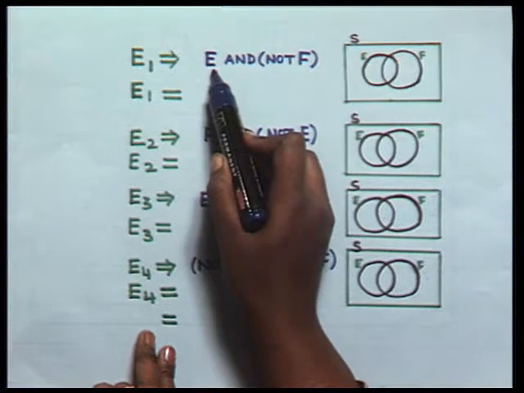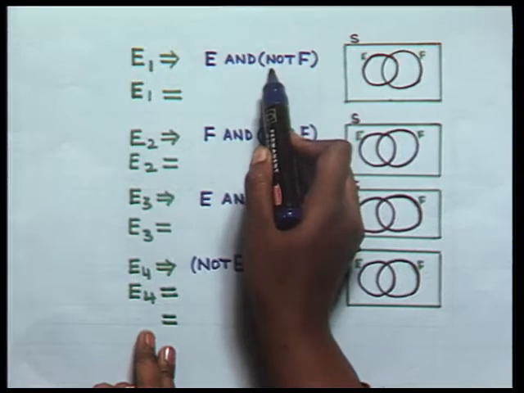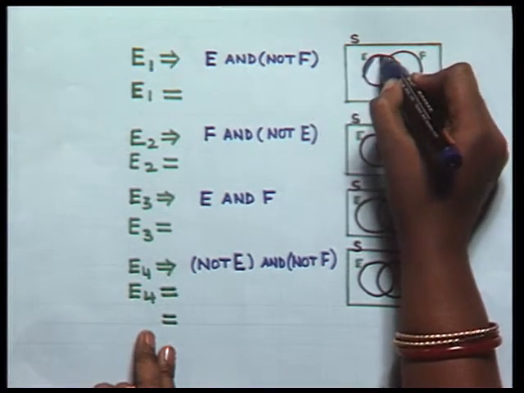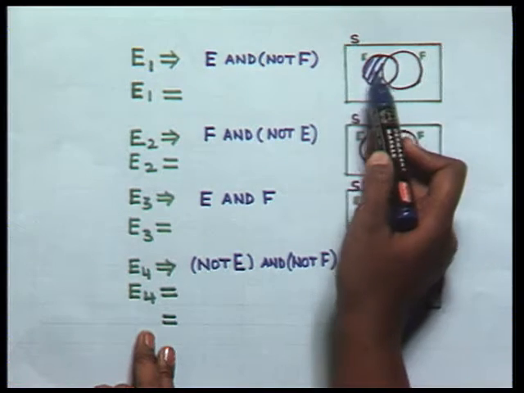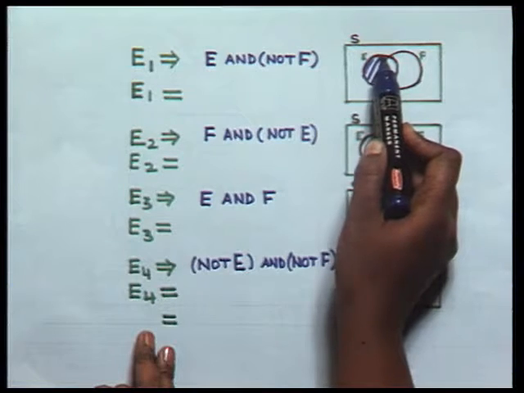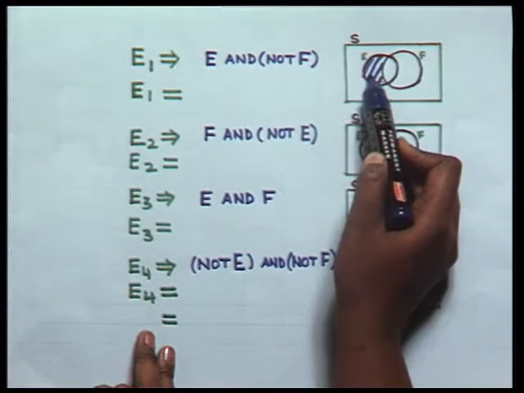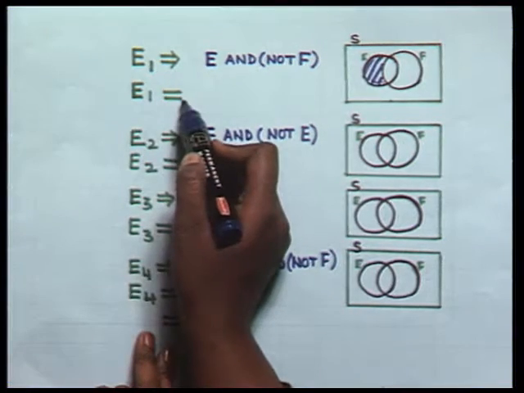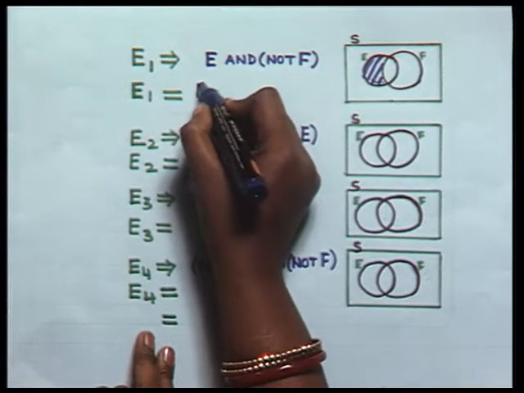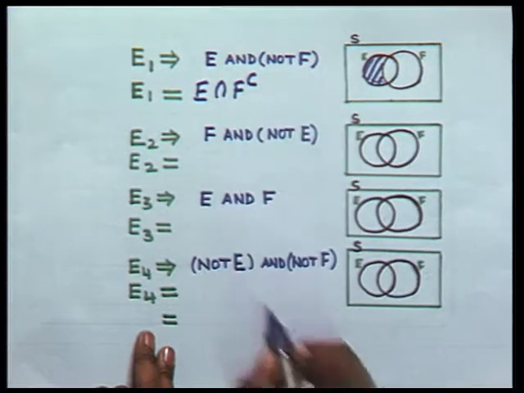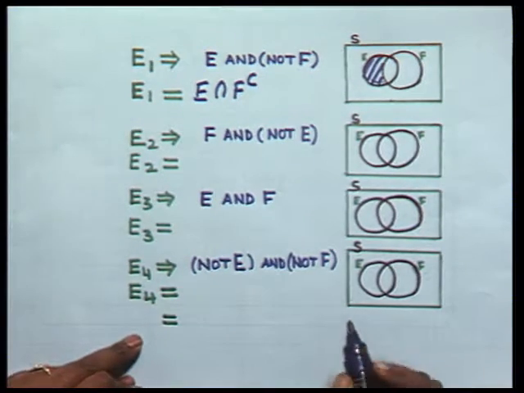So, we can represent it as E and not F. In Venn diagram, we can show it like this. If this set represents event E and this is F, then we just shade the portion which represents E and not F, and therefore, event E1 is nothing but the set E intersection complement of the set F.